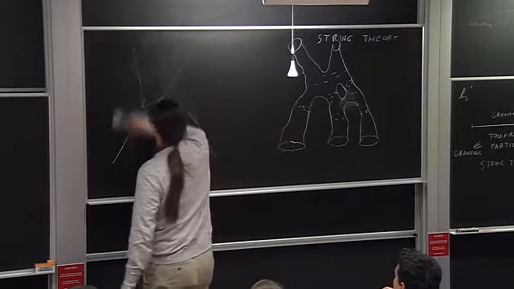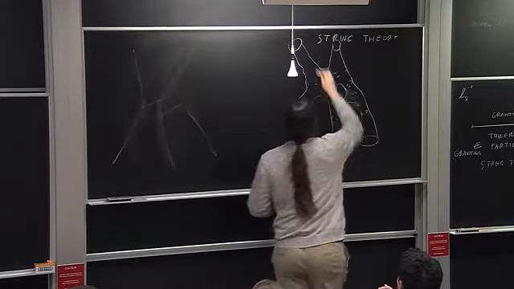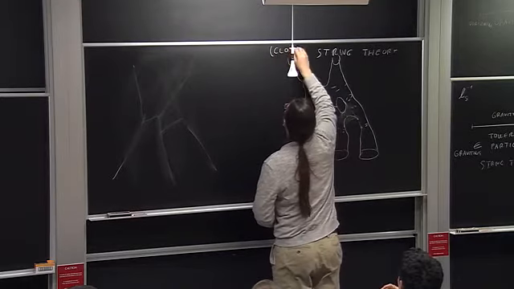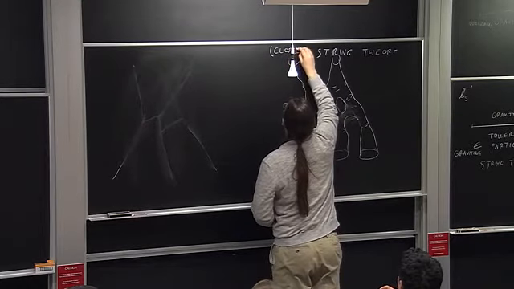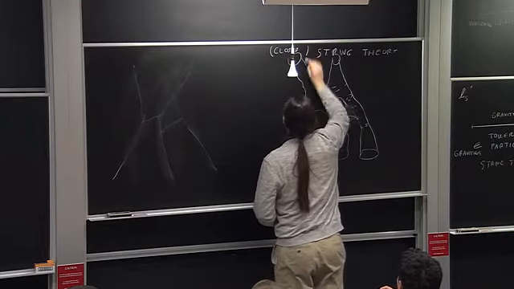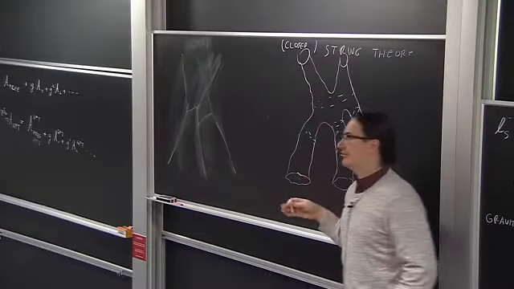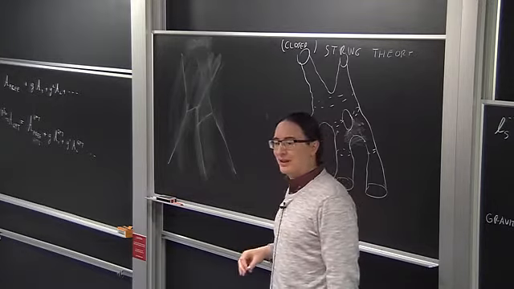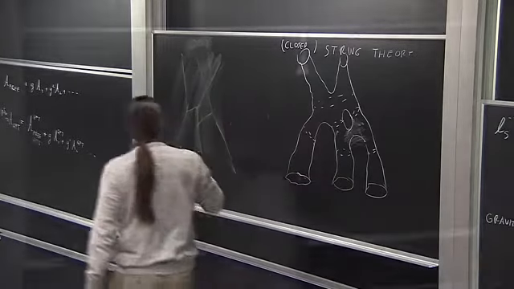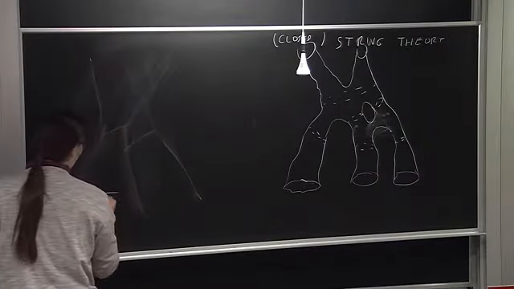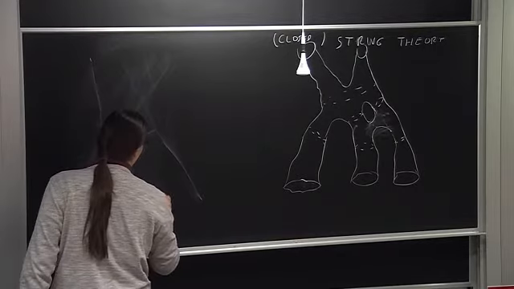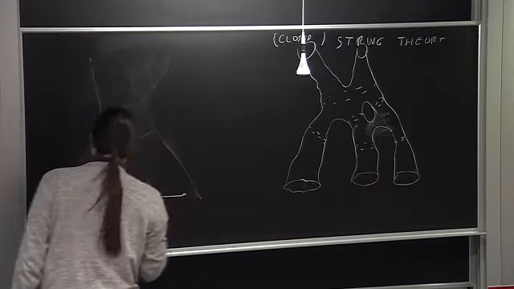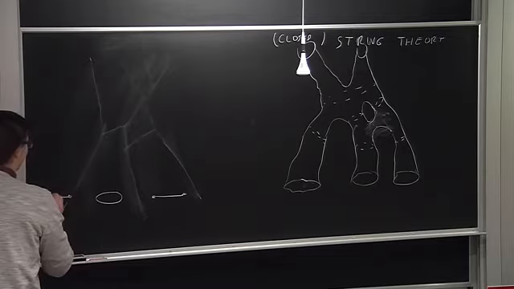Now, one way to put extra variety in string perturbation theory is to allow the strings to have endpoints, so that you don't just have closed loops, but you also have open lines.